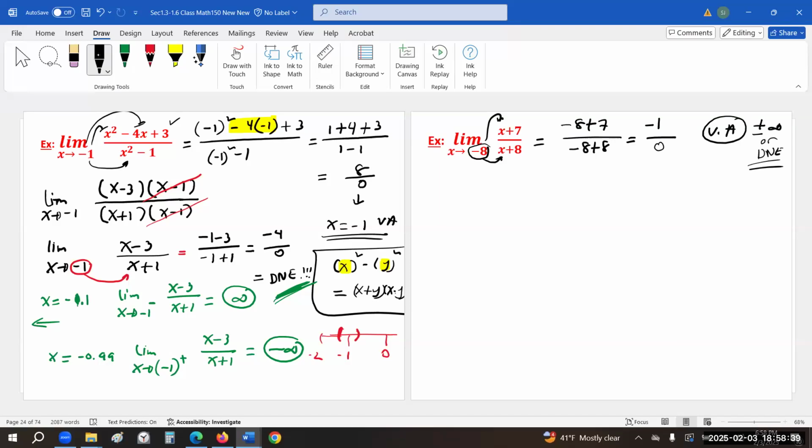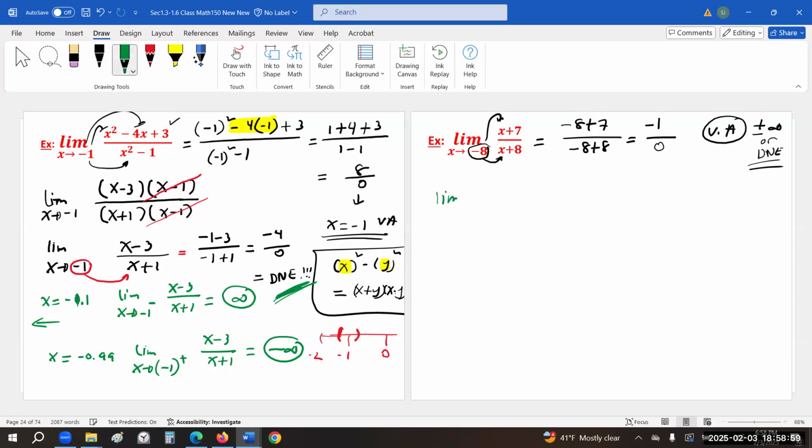We know we are dealing with a vertical asymptote. Then what do we do? What is our next step? Great. Since it's a vertical asymptote, we pick two numbers very close to -8, one on the left, one on the right. So we do a left-sided limit and a right-sided limit.